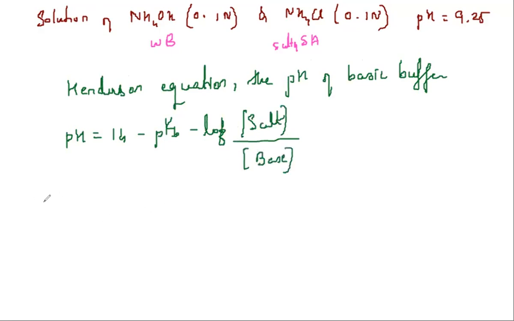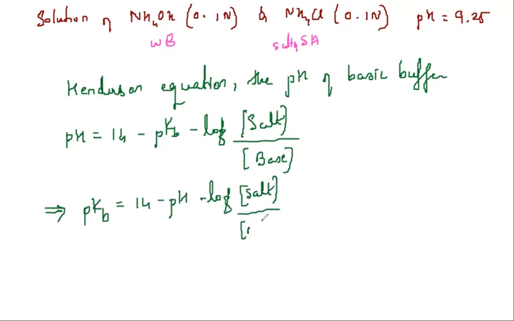Okay, so I can write here pKb is equal to 14 minus pH minus log concentration of salt to the concentration of base.